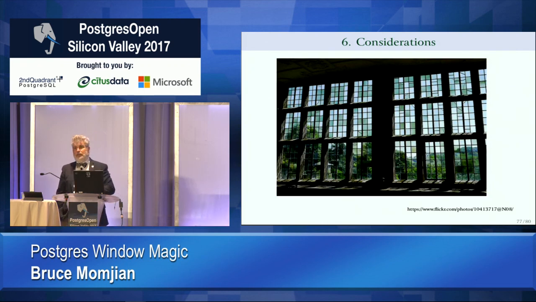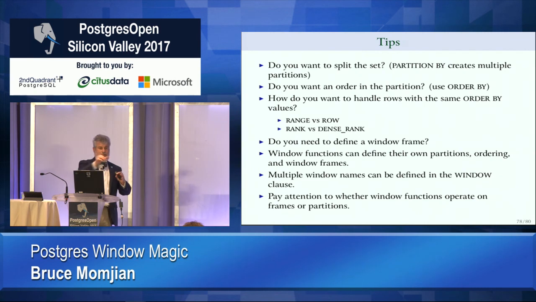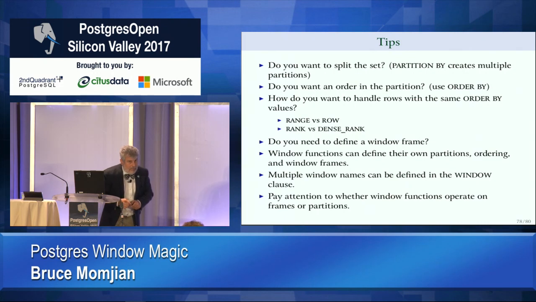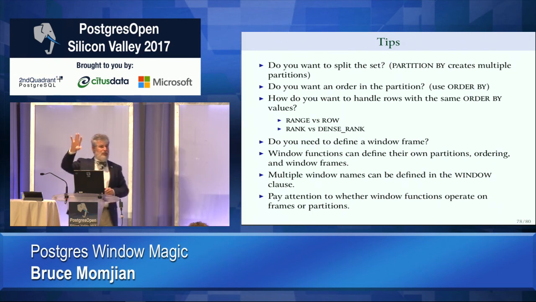Okay. So let's just summarize what we learned. Yes, sir. Is the order by in the window clause completely independent of the order by in the outer query? Great question. And the answer is yes. Usually, if you use the same order by in all of your window functions, the result ends up being ordered by what you did, but it doesn't technically have to be.